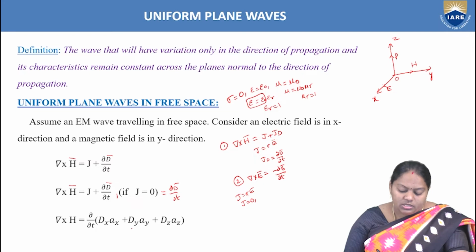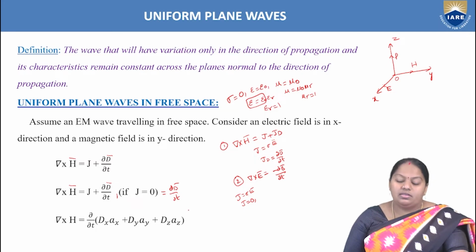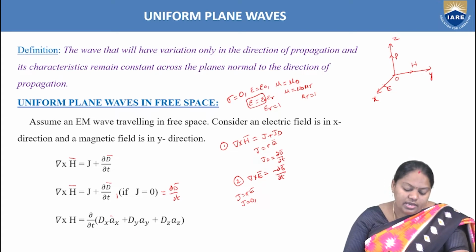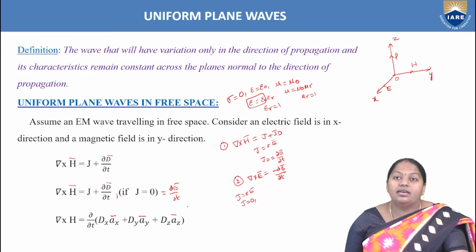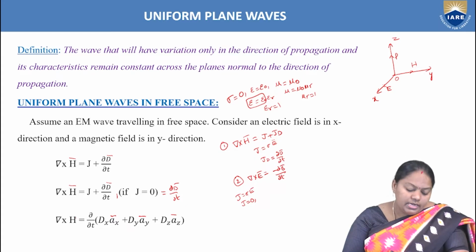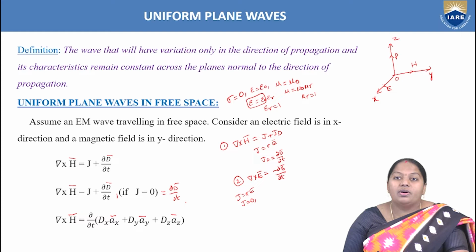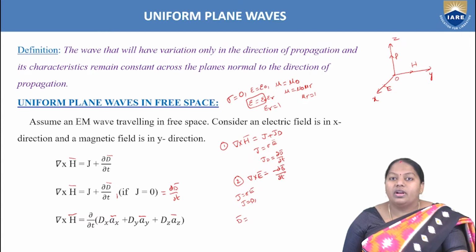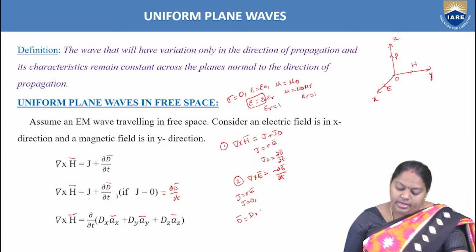Now D bar can be expressed in terms of the Cartesian coordinate system, with variables given by x, y, z. Hence, del cross H bar is equal to dou D bar by dou t, which can be written as dou by dou t of vector D. In the Cartesian or rectangular coordinate system, D is Dx ax plus Dy ay plus Dz az.